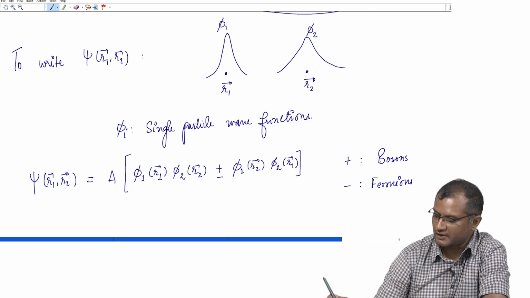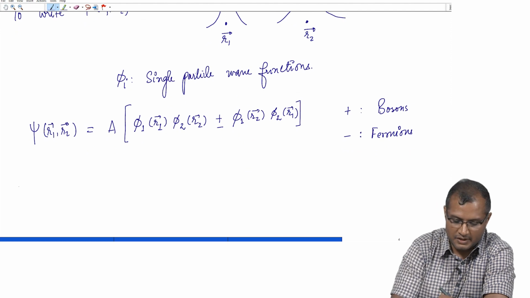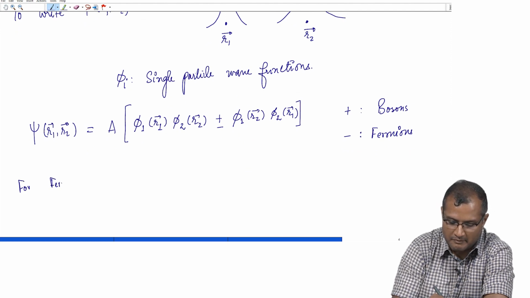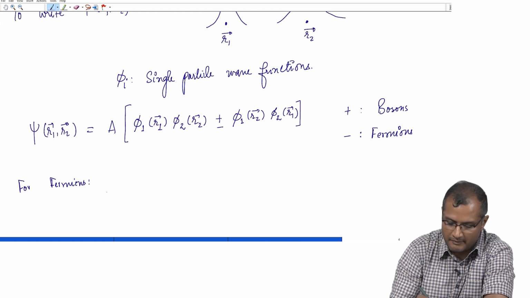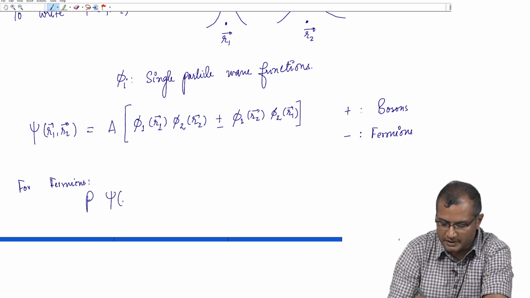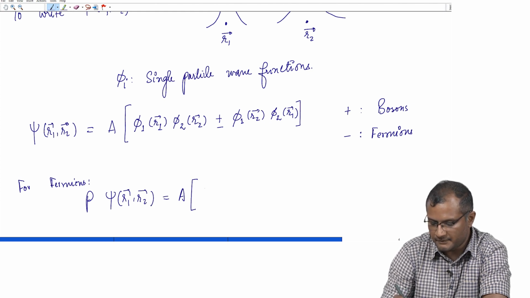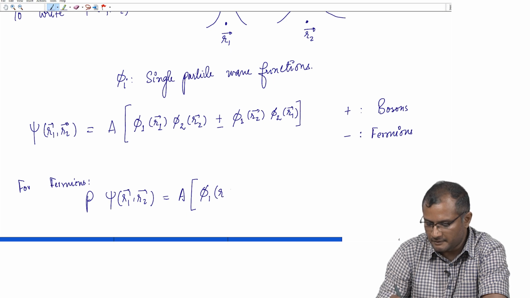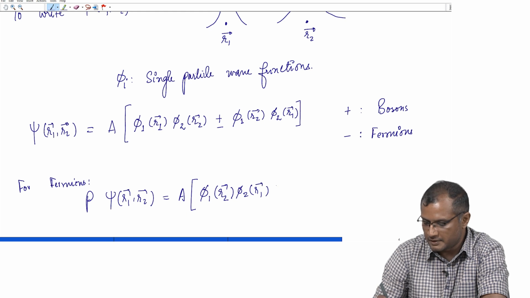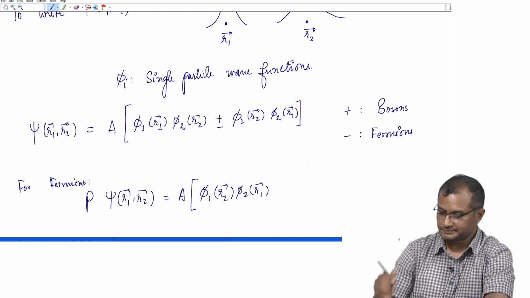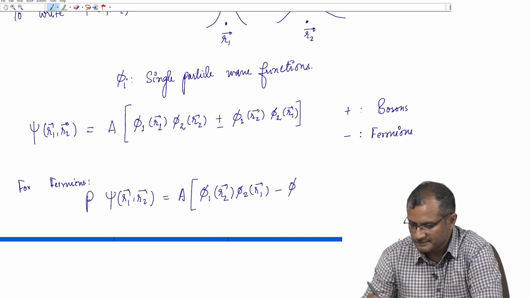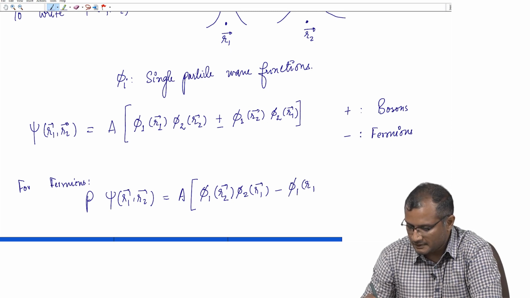So, now you can see for fermions, if I swap r 2 with r 1, so if I apply the parity operator on r 1 r 2, this will give me A times phi 1 r 2 phi 2 r 1, and I have to take the minus sign, minus phi 1 r 1 into phi 2 r 2.